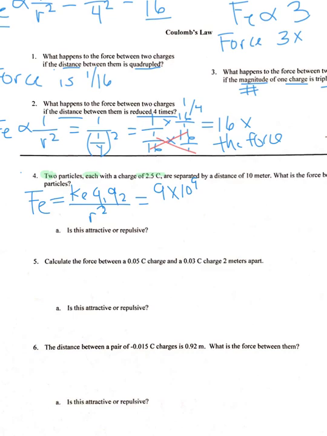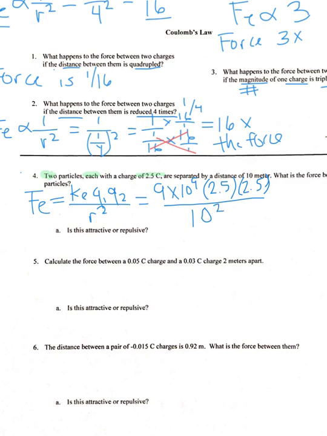Okay, so charge 1 is 2.5 and charge 2 is 2.5. Nowhere did it say that they were different charges or that they were negative, so we're going to use positive numbers. Then they tell us it's separated by a distance of 10 meters, so we're going to divide by 10 squared. Remember, that's the distance squared.